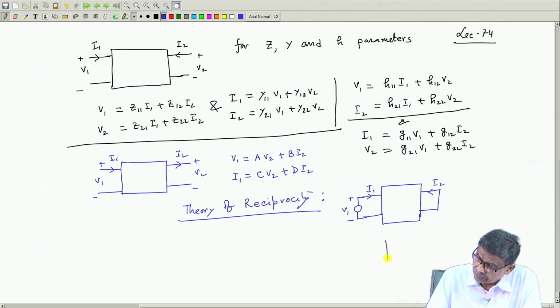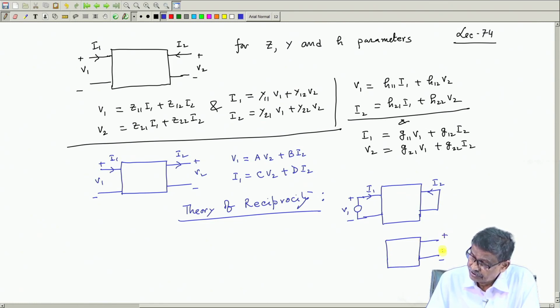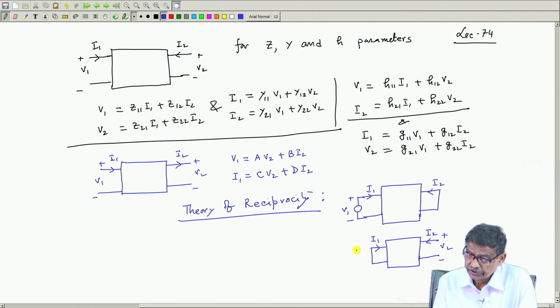You also apply a voltage V2 at the other port, short circuit this one, and measure I1. Then, if this network is reciprocal, the ratio of this voltage and current and that voltage and current will be the same.